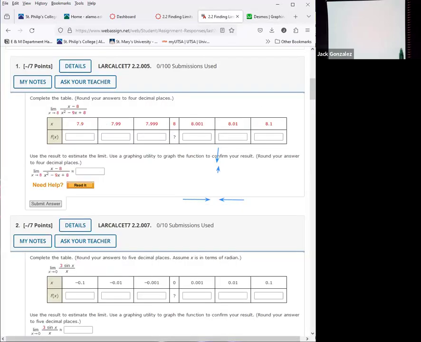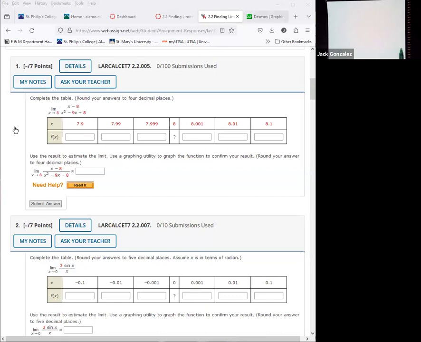So what they're doing over here on the homework, they have this function. Let's go ahead and graph it.